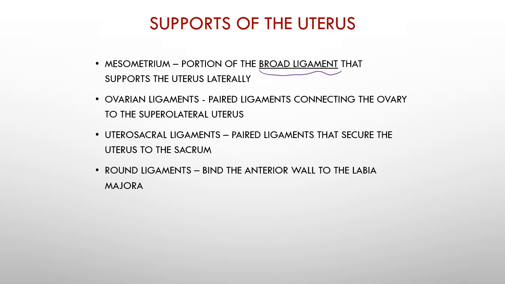The uterosacral ligament extends posteriorly. It's going to go back towards the sacrum, and so that's going to anchor it in the back. So the broad ligament was lateral, the uterosacral ligament is posterior, and then the round ligaments hold it in place anteriorly. Those round ligaments are a little bit unique in that they're going to follow essentially the same pathway as the vas deferens.